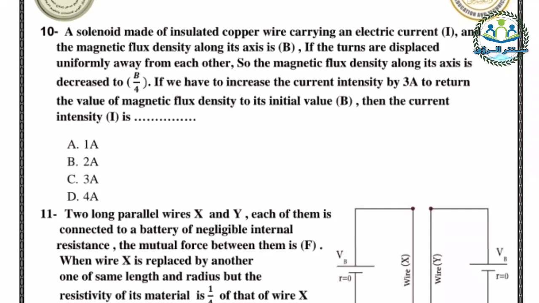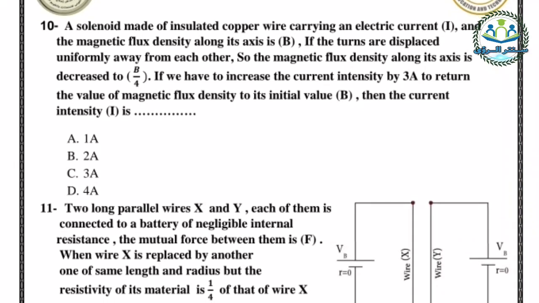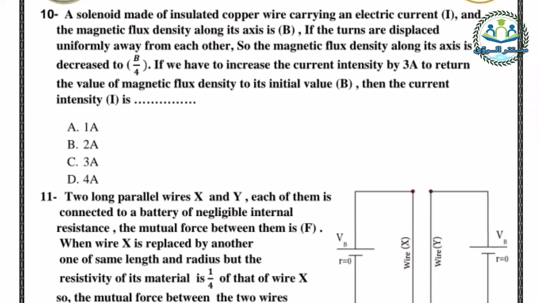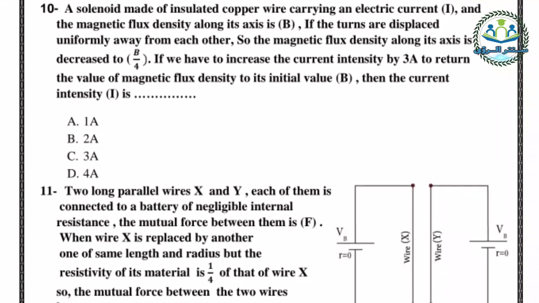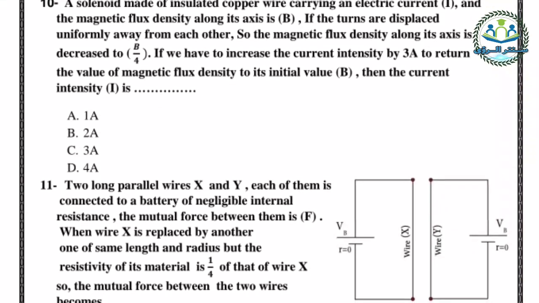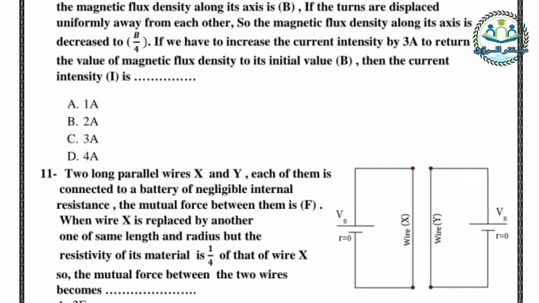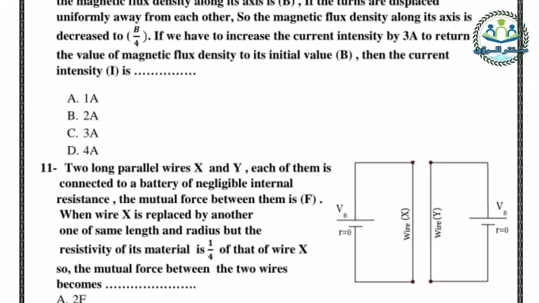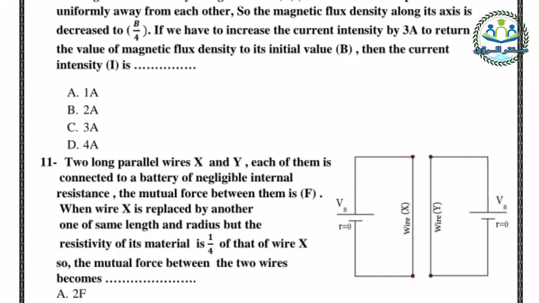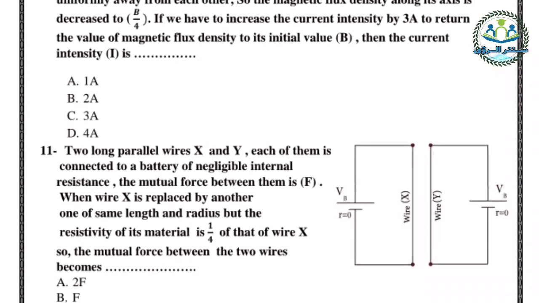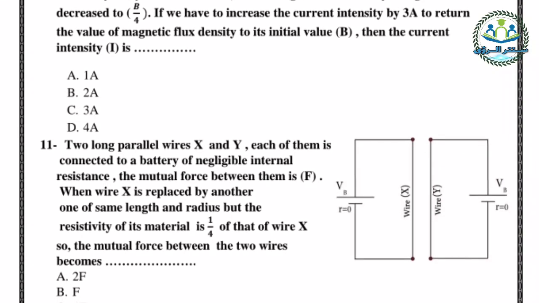If we have to increase the current intensity by 3 A to return the magnetic flux density to its initial value, B, then the current intensity, I, is: A) 1 A; B) 2 A; C) 3 A; D) 4 A.